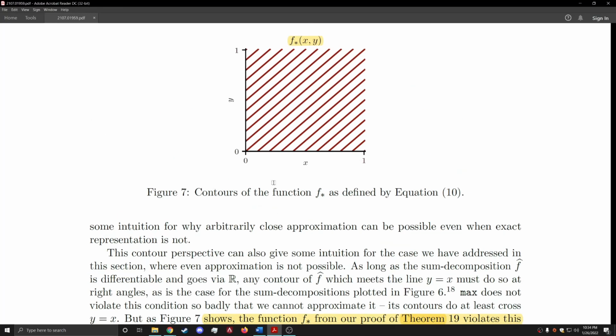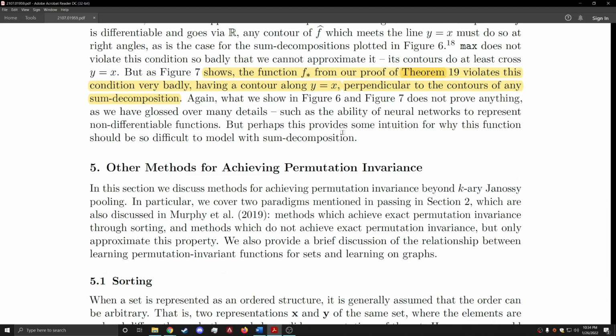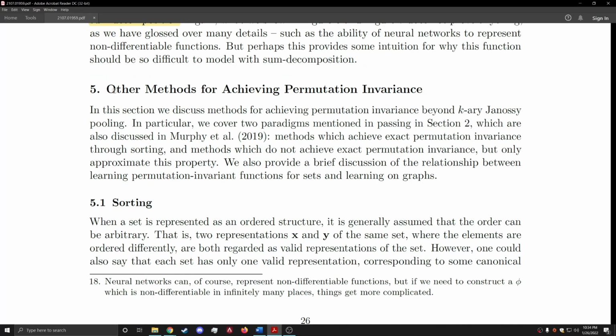It's basically saying that f star is extremely hard to represent because, by visualization, looking at these contours, they're extremely hard to represent. So that's the reason why it failed, and that's the reason why you need at least dimensionality m. That was the heart and soul of the paper. That was the whole point.